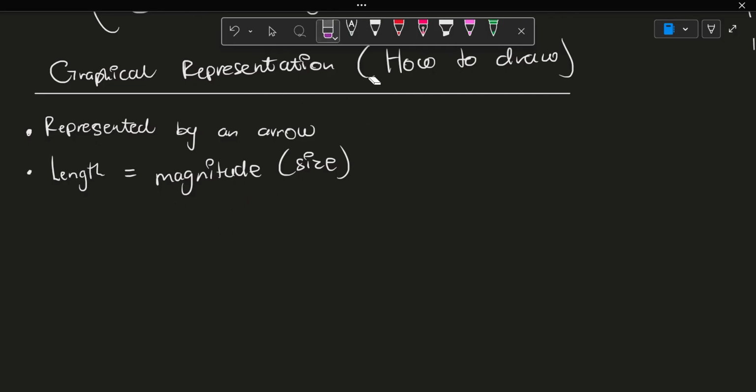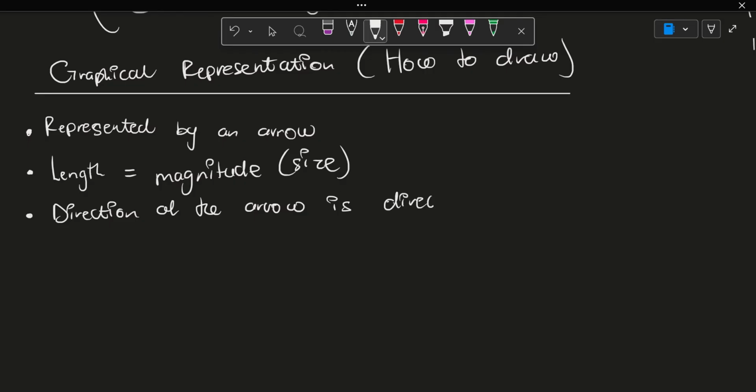Magnitude and size are synonymous. So it's represented by an arrow, and its length is read as its magnitude. The direction of the arrow is the direction of the vector.